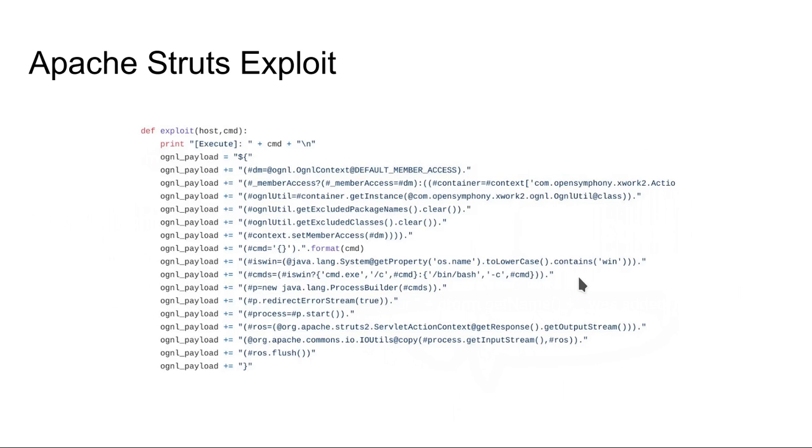A working exploit for Apache Struts, you can see here, is available on GitHub. As you can see, it looks a lot like the template injection examples we were looking at. It gets an instance of something, checks if the underlying system is Windows, and then just uses a process builder.